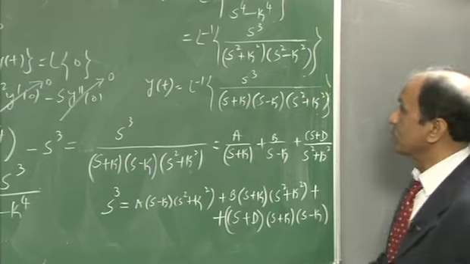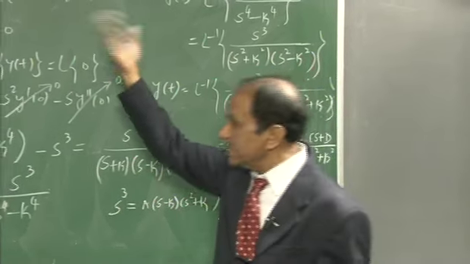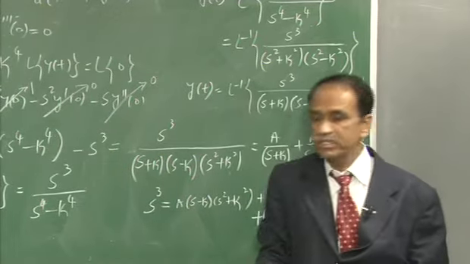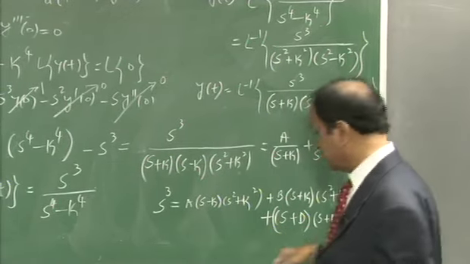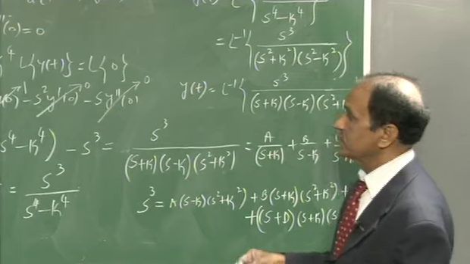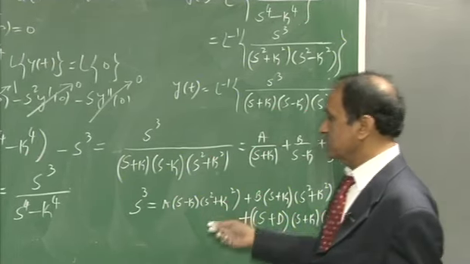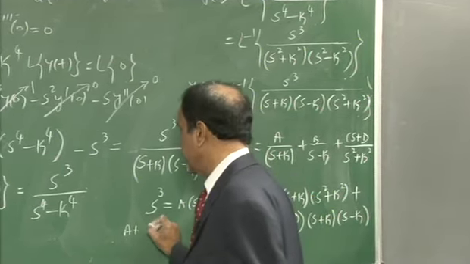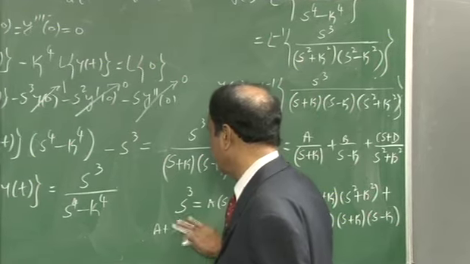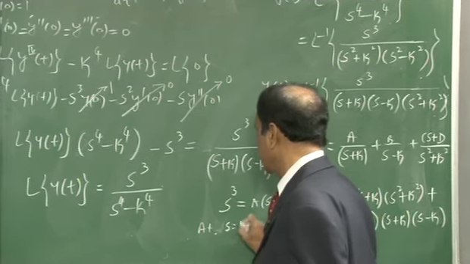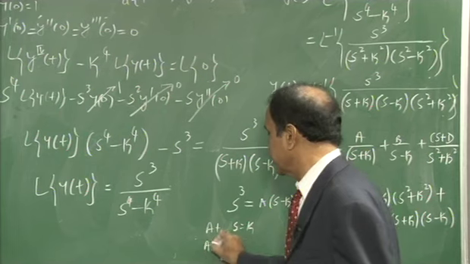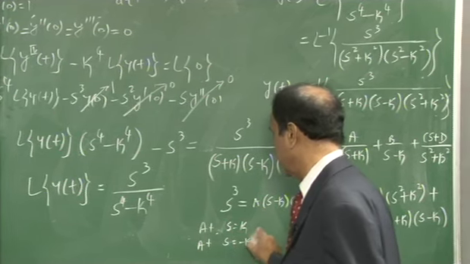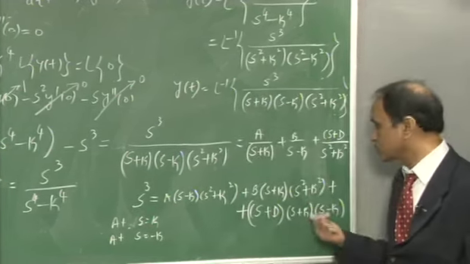Then as usual, recalling the previous one or two cases we already discussed for applying the Laplace transform with partial fractions, you have to give opposite values. First, at s equal to k, one value, and at s equal to minus k, another value, and the remaining two we will take in a different comparison.